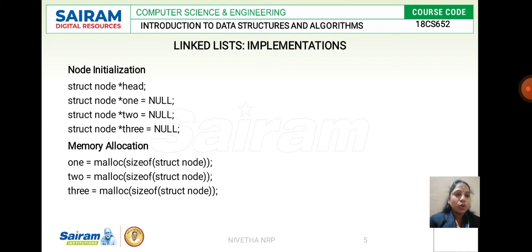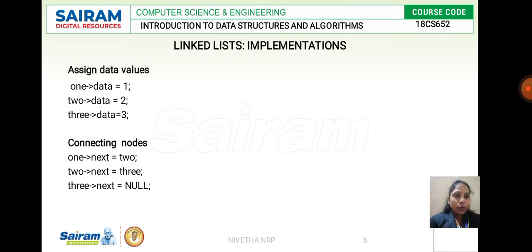I am doing this for the 3 elements I am using in my list. For 2 I am creating memory using the malloc function and defining the size of the structure, and for 3 the same thing. I am using the malloc function to define the memory allocation of my nodes.